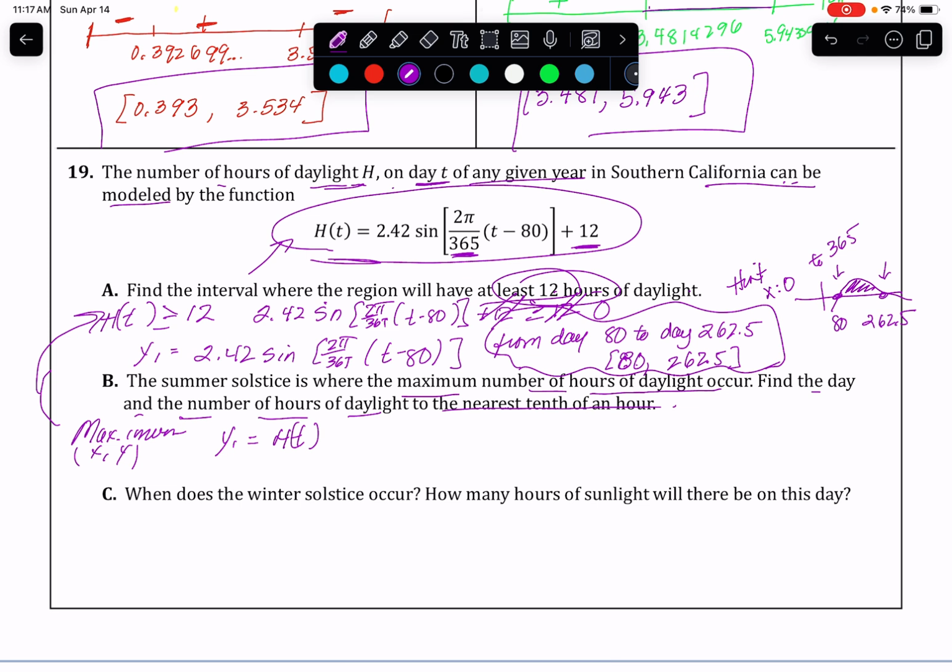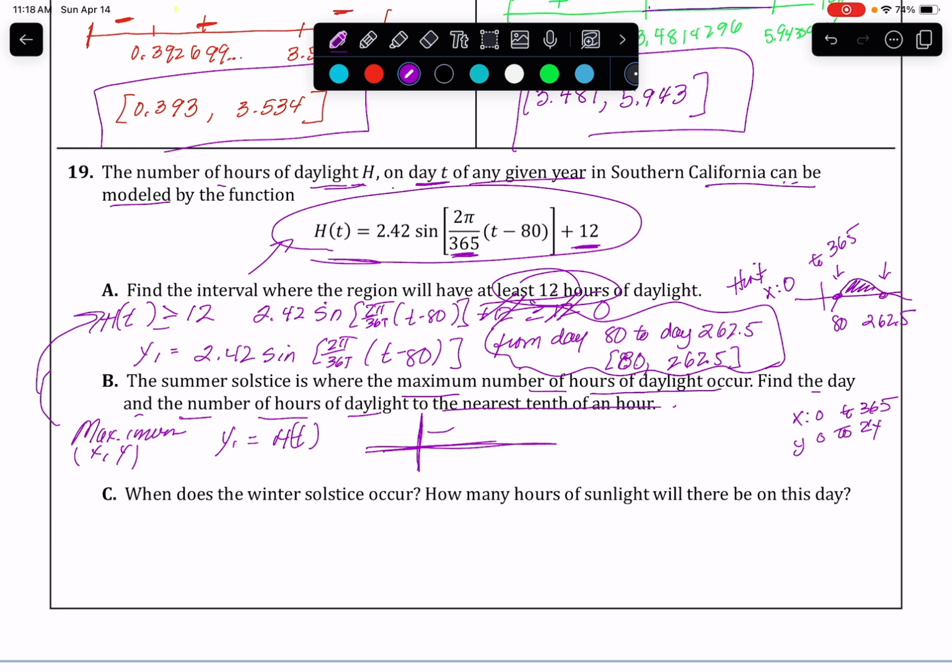So put that in as y1. And now you're looking for the maximum. Now, you got to change your window again here because there's 24 hours in a day. So you keep your window x 0 to 365, but y make it 0 to 24. And then you'll have the y value because the y value is the number of hours in the day.